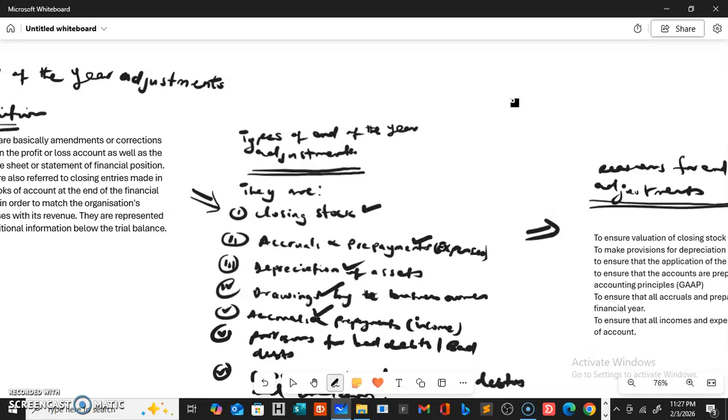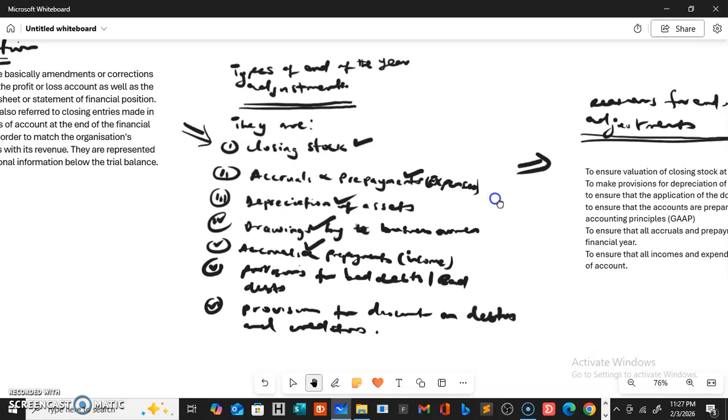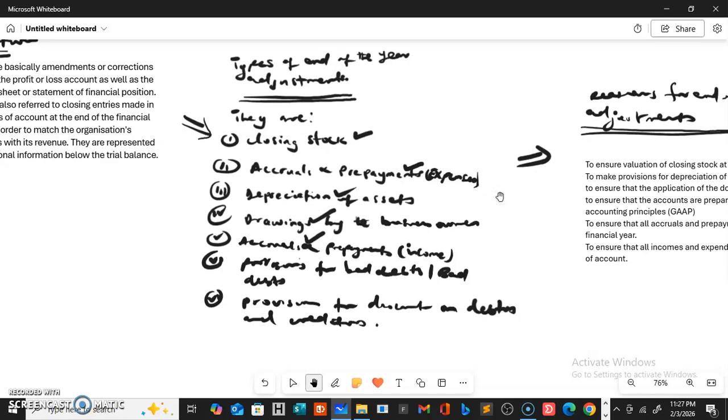We also have provisions for bad debts and doubtful debts, and we also have provision for discounts, which are present on debtors as well as on creditors. So let us take them one by one.